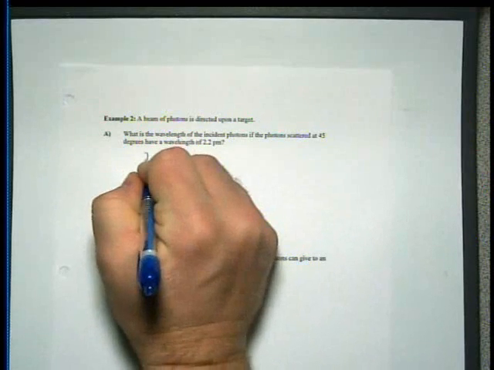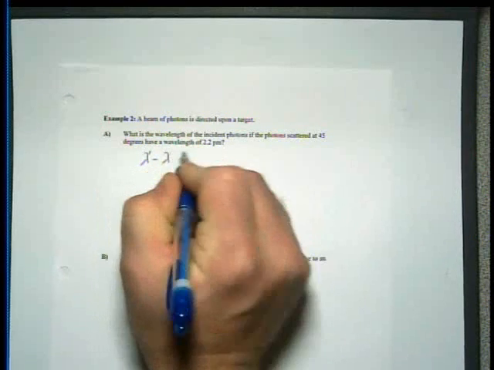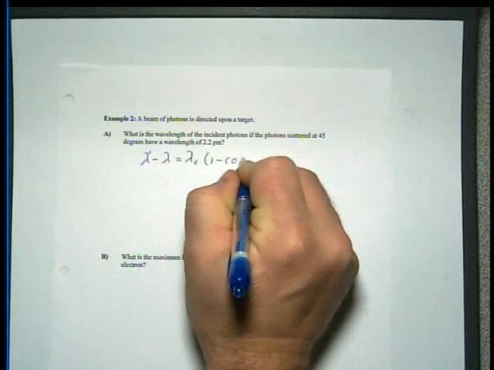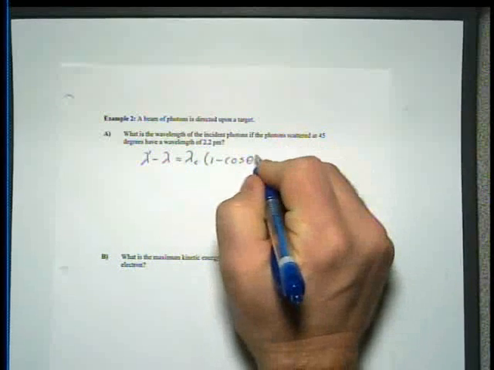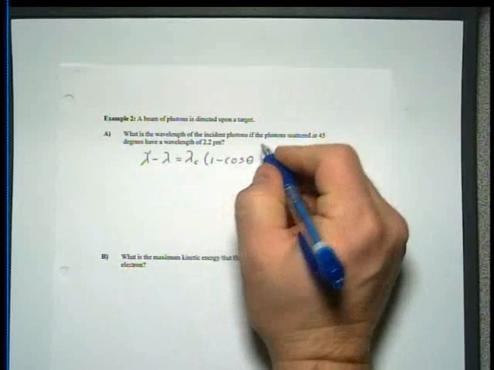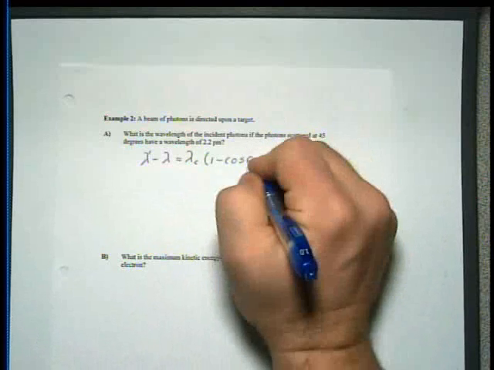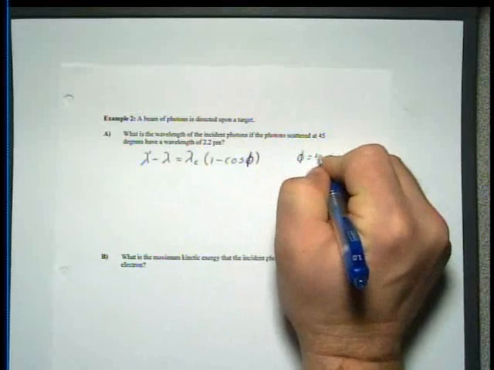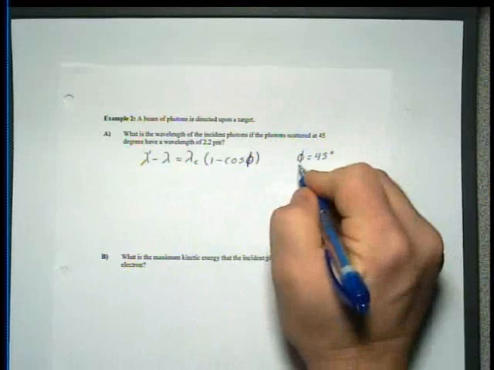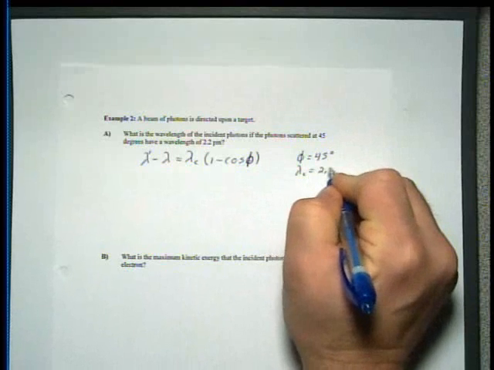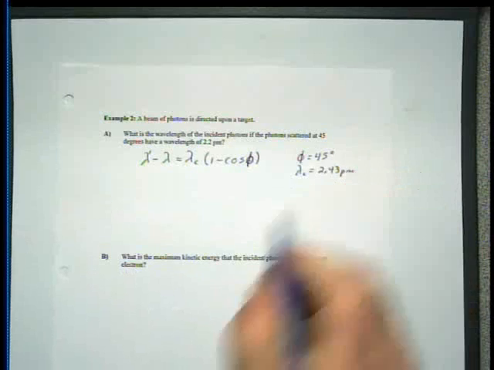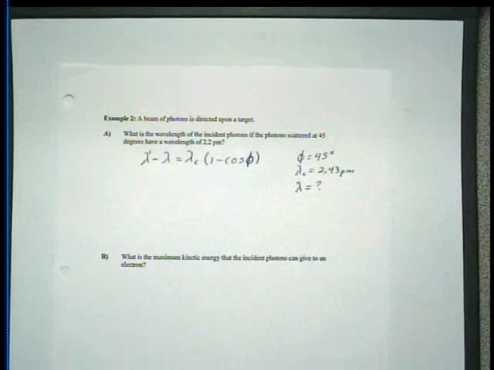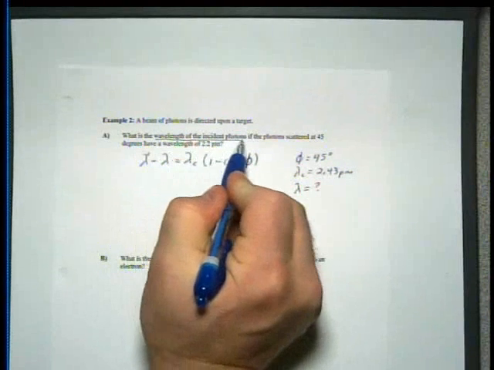So let's see, we have lambda prime minus lambda is lambda c times 1 minus cosine of theta. We're using phi here, I'm sorry. So phi is 45 degrees. Lambda c is 2.43 picometers. Lambda we don't know. It says wavelength of incident photons.